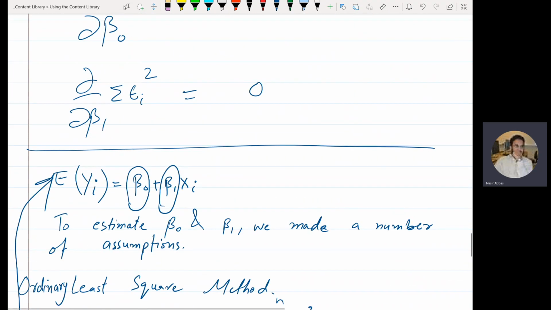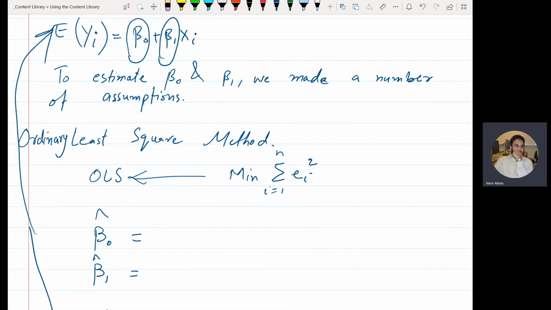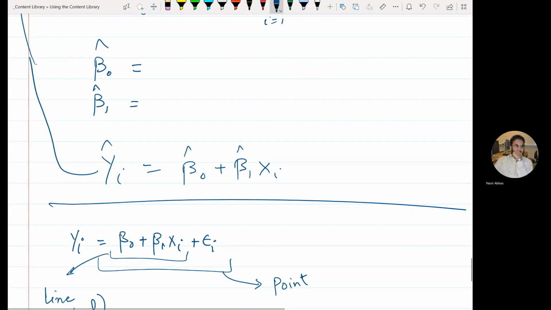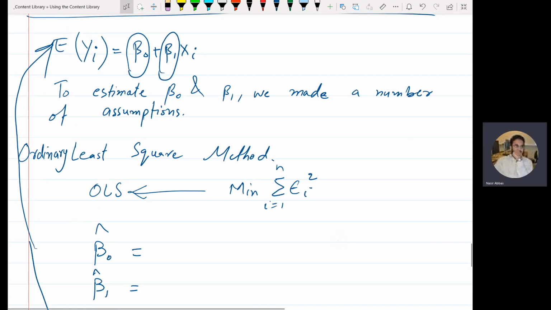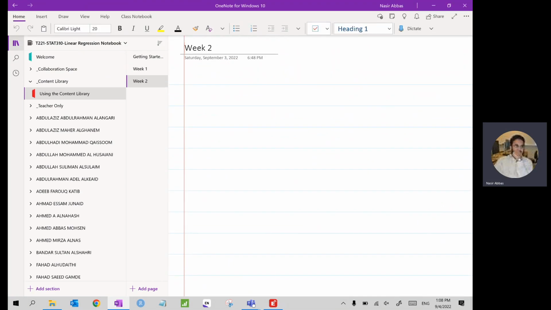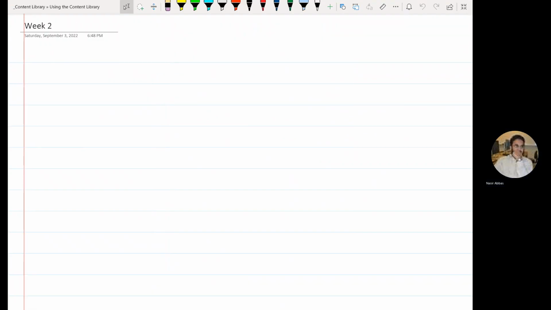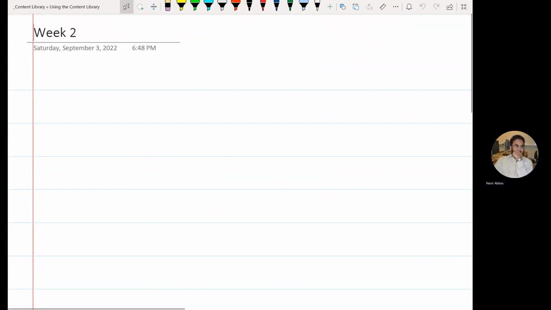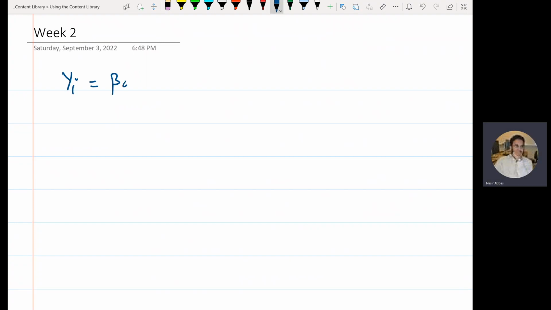Now I'll take you to the new sheet where I'll start week number 2. This is chapter 1 and some chapter 2. Now, let us restart with the model. This is the model, the equation of the point.